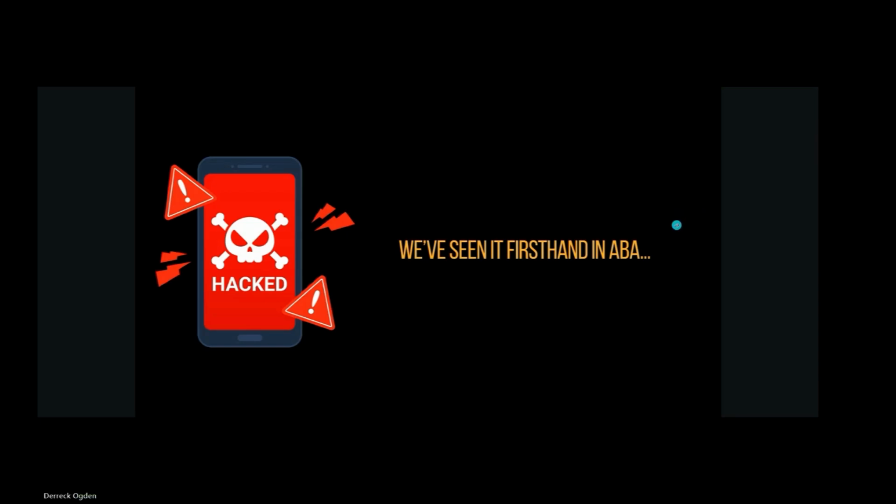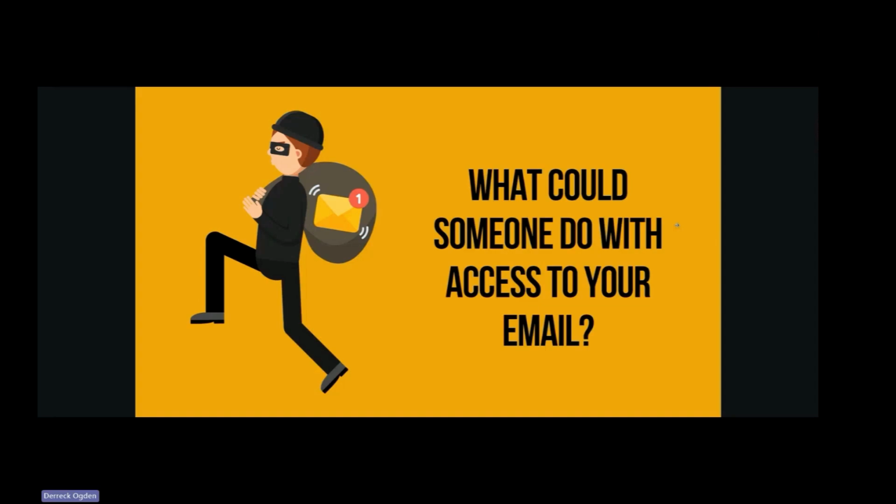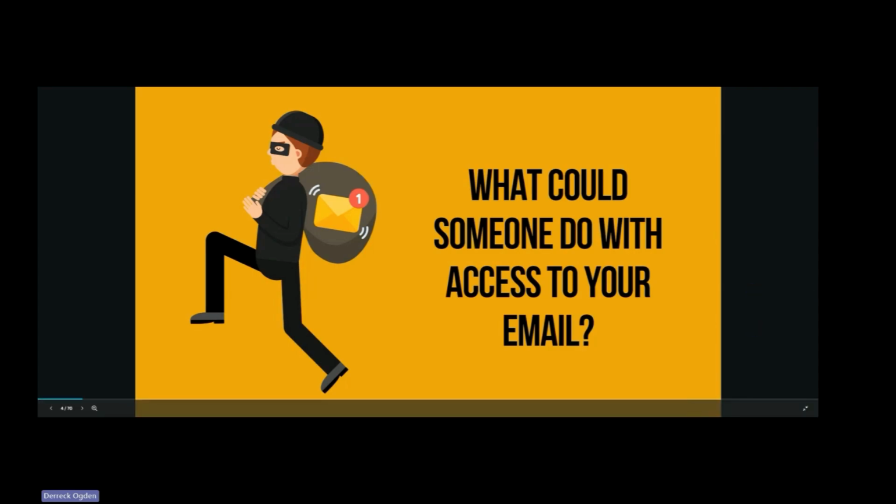So what is it that somebody could actually do if they gain access to your email? One thing you have to remember is your email is your key, your professional email, right? Your professional email with your company domain on it should be everything in your professional life and often is everything in your personal life as well. So when I say it's the key to everything, think about how you log into your practice management system, your banking, your cloud files, Dropbox, things like that.